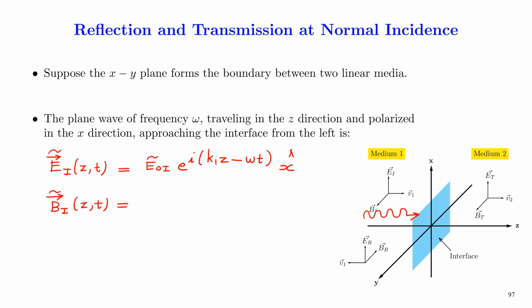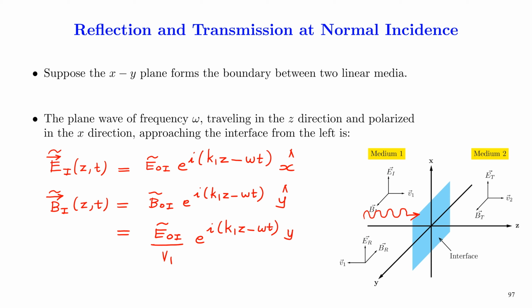And the magnetic field is B0I e raised to i (k1 z minus omega t) polarized along the y hat direction. In terms of the electric field, this equation can be written as E0I divided by v1, e raised to i (k1 z minus omega t) y hat.